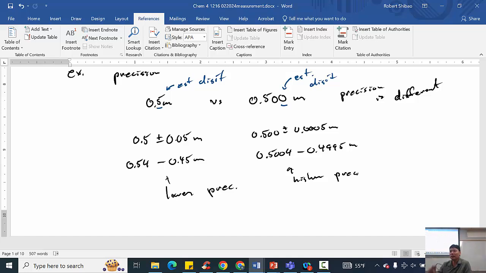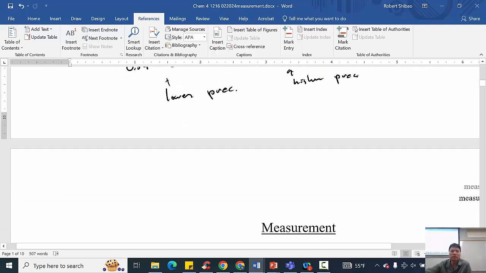Pick me up, I'm in Torrance. Well, that's not very precise, you know. Or pick me up, I'm here at the chemistry building at El Camino. That's much more precise. And so we want higher precision. And these are looked at separately. Precision and accuracy are looked at separately.